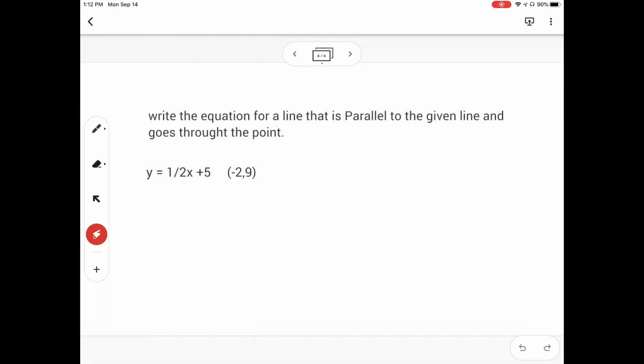So this is our last example, so why don't you pause the video, try it out, come back and watch to see how you did. All right, so pause the video. The number next to x is our m, and then the point gives us the a and the b.